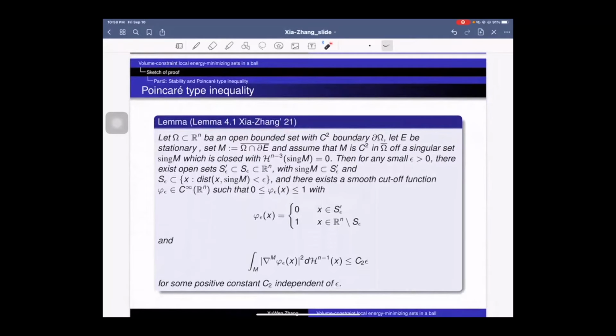We use the notations as before and assume that the singular part of M is a closed set with its Hausdorff dimension at most n-3.